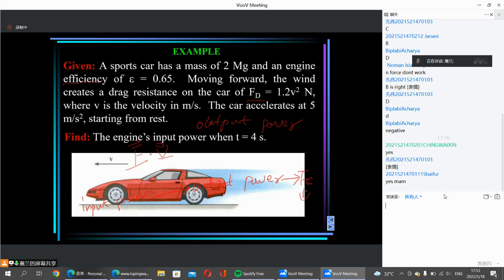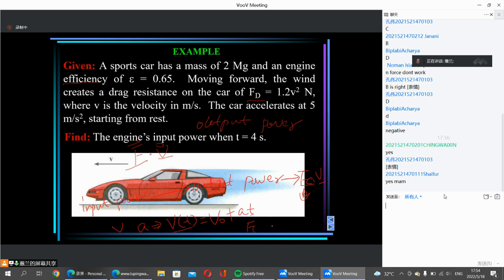We need to find the velocity, right? Because power is equal to the friction force times the velocity. They are collinear, okay? And we need to find the velocity because the acceleration is given, so we can find the velocity at any time. Because the velocity at any time is equal to the initial velocity plus acceleration times the elapsed time.